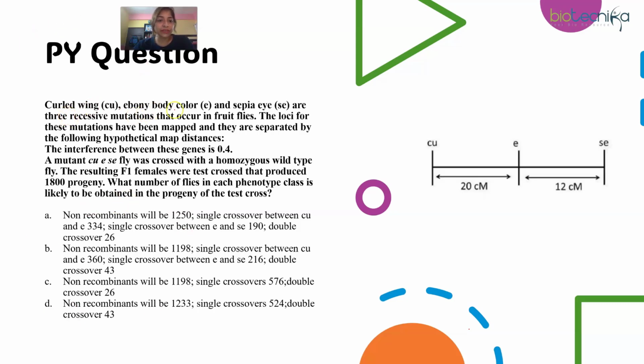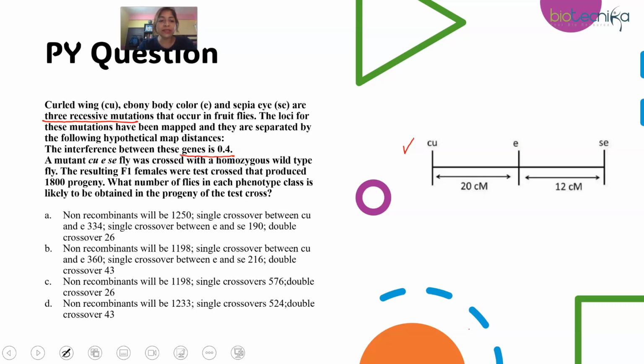Curled wing, ebony body color and sepia eyes are three recessive mutations that occur in fruit flies. The loci for these mutations have been mapped and they are separated by the following hypothetical map distances. So the gene map is given here. Now the interference between the genes is 0.04.